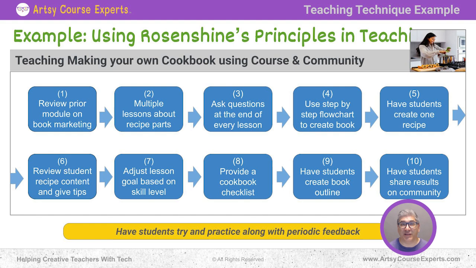Even the font choices that they've used for the cover of the book and the font on the inside, any of these kinds of things. So you're going to want your students to share, and then you as a coach and their peers are going to provide feedback. So that's a very important principle in learning and growing, is to just get feedback.